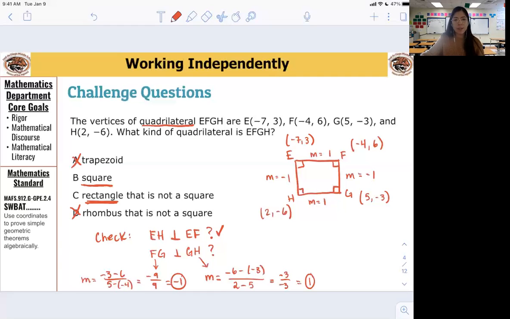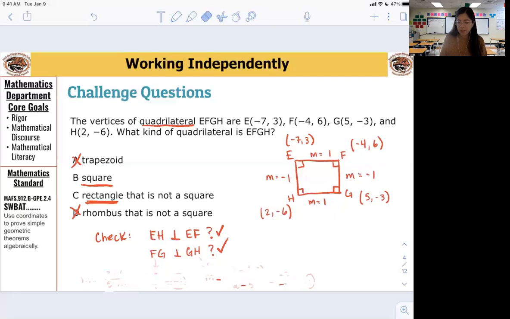Now, finally, we need to figure out whether this is a square or not, because it's definitely a rectangle, but it might also be a square. So what is one more thing I can check using slopes?